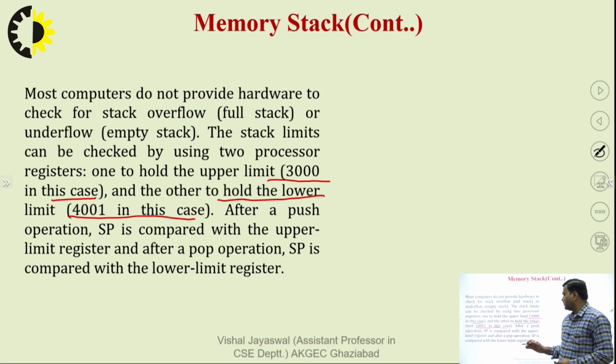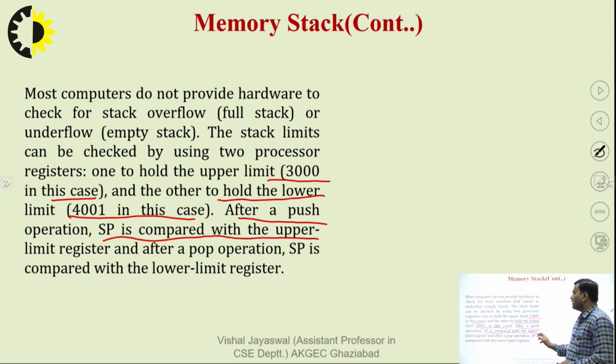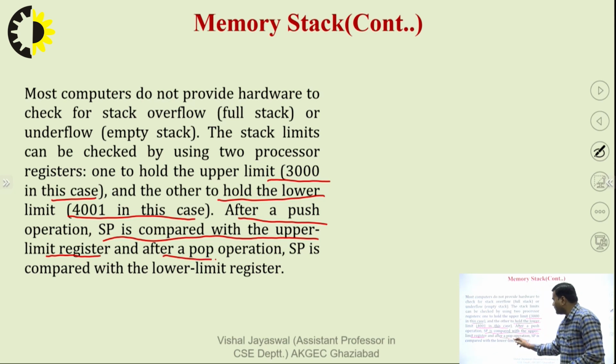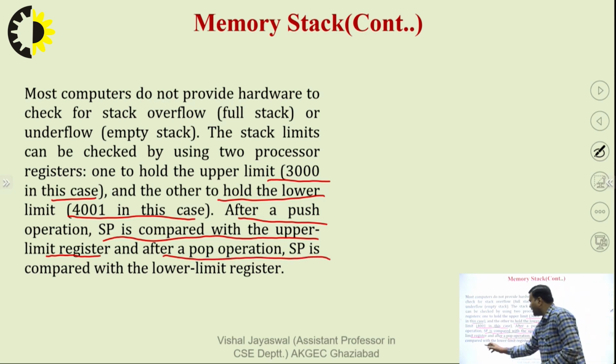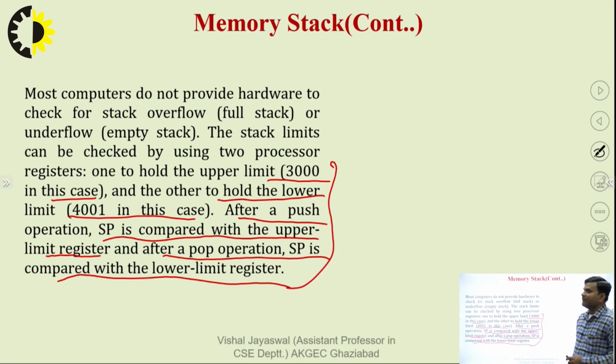After every push operation, the stack pointer value is compared with the upper limit register, that is 3000, and after a pop operation, the stack pointer value is compared with the lower limit register, that is 4001. In this way, we can check the condition of underflow and overflow. This is the important concept of the memory stack.